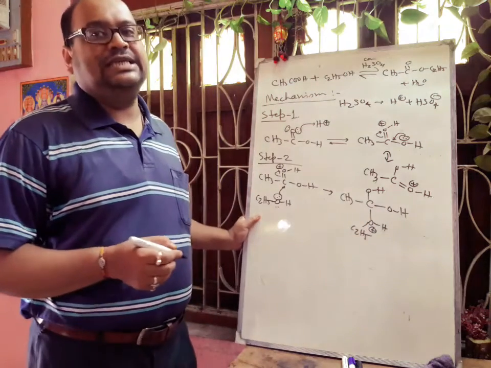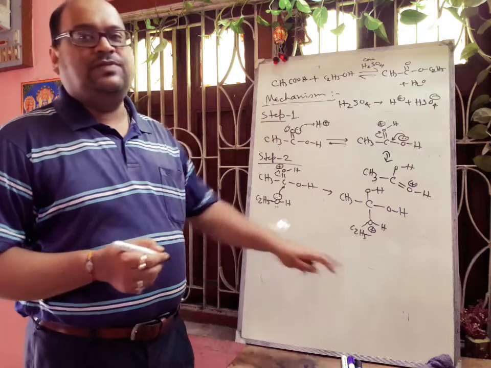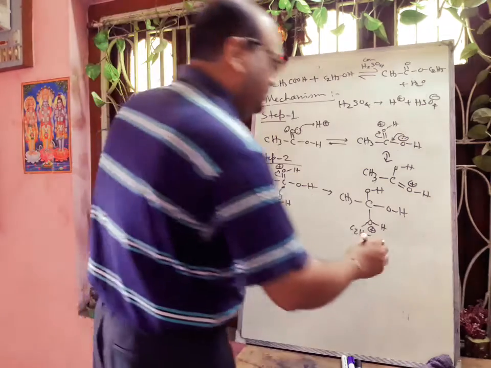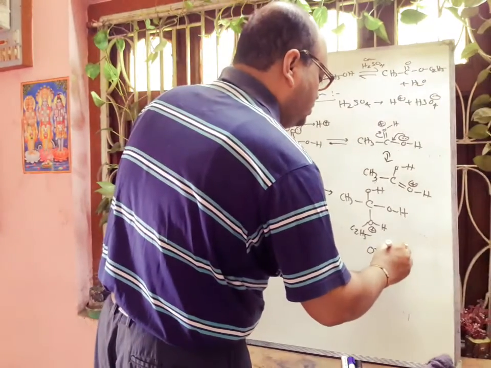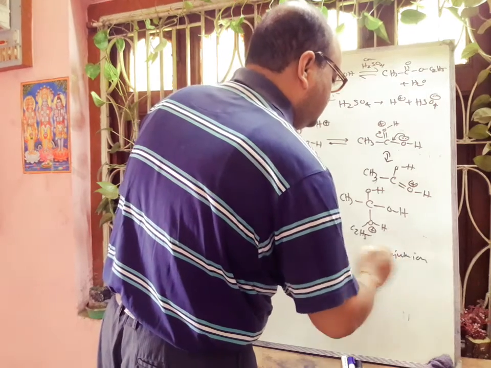Okay, so this is the second step, and there is formation of one oxonium ion. On oxygen there is a positive charge, so this is called oxonium ion.